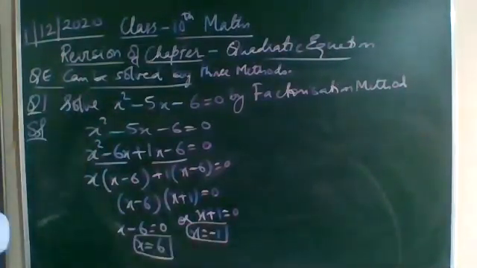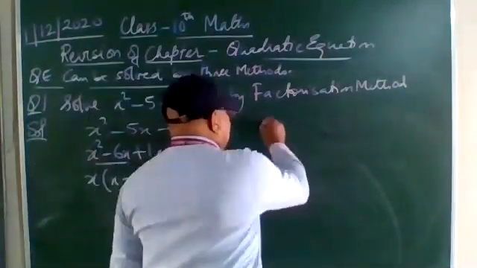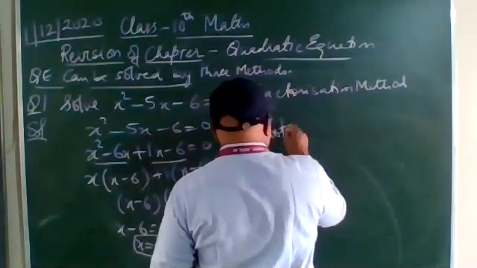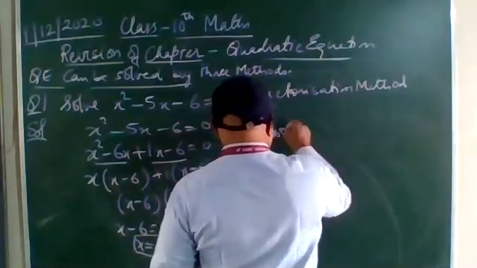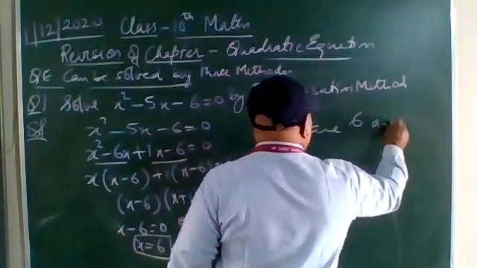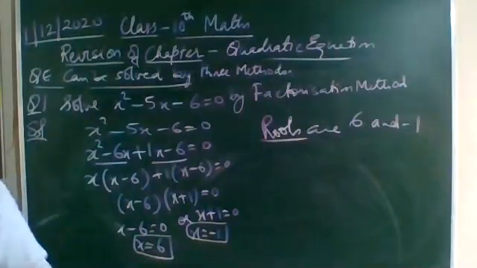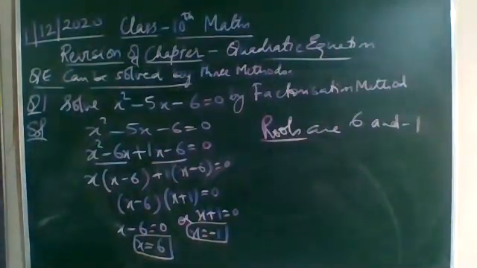Now after that you will write roots are 6 and minus 1. This is the method to solve the quadratic equation by factorization.